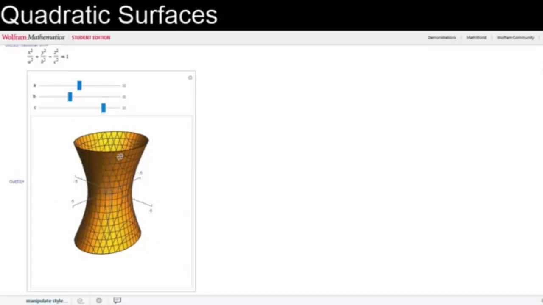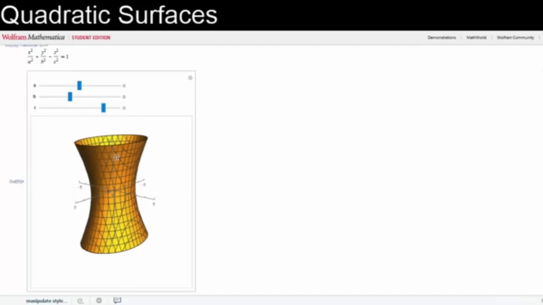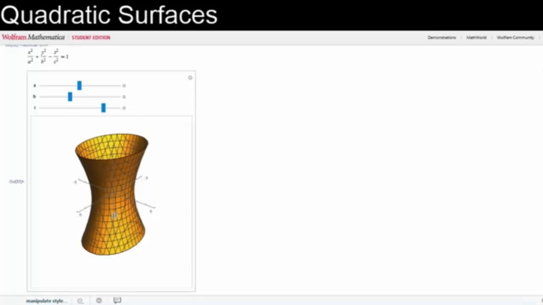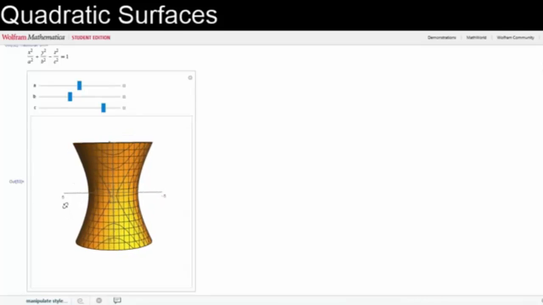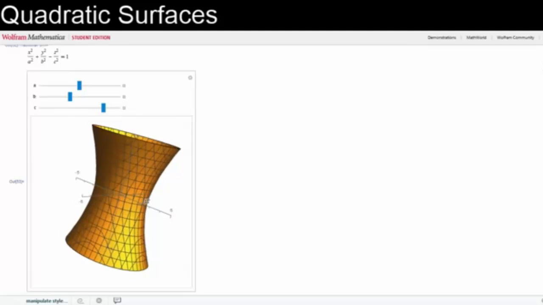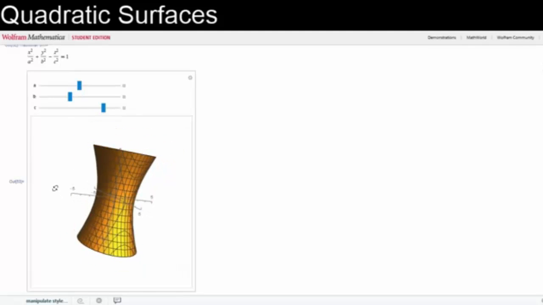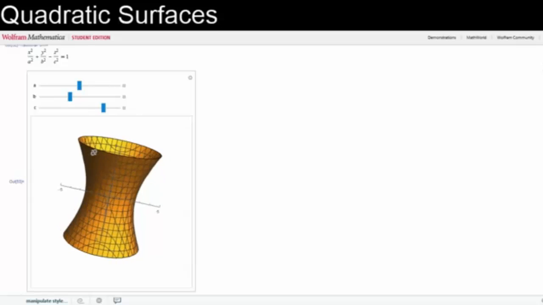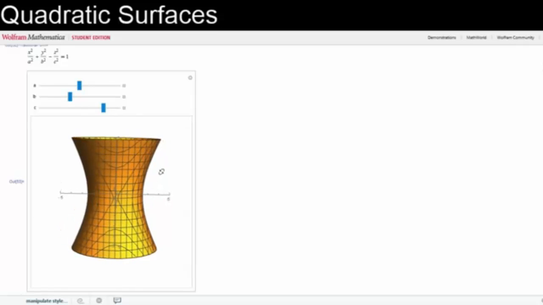You can imagine here, if you take the vertical traces of the hyperboloid, so let's say we take a sheet of glass and shove it through this surface on the xz plane. So let's turn it this way. Right, so the one that we see here.